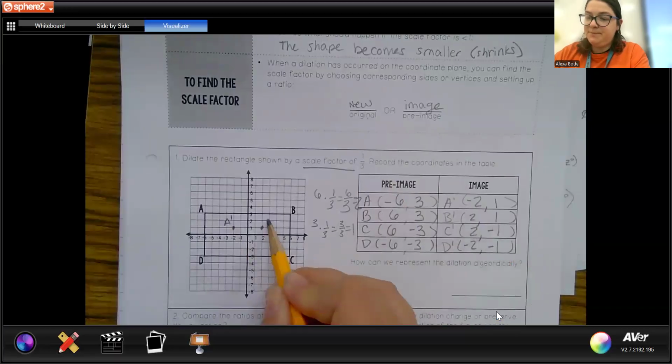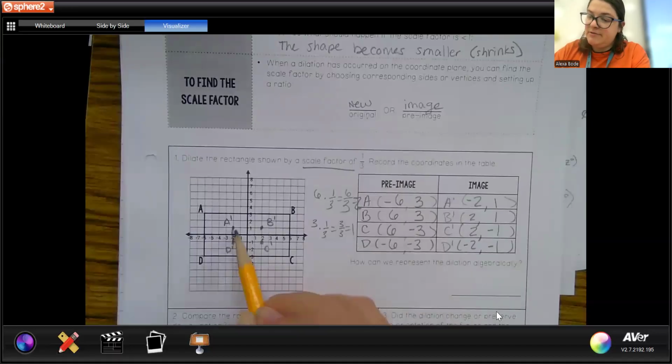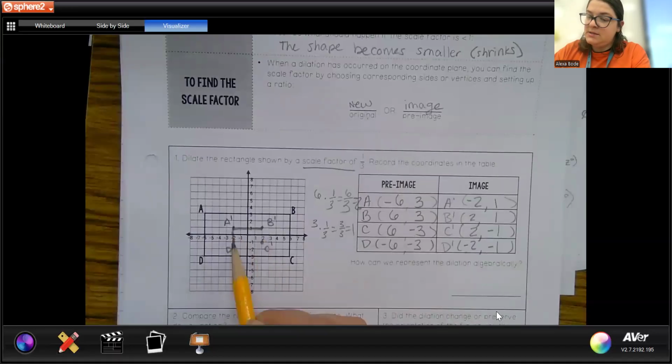That's my B prime. C prime is (2, -1), so I'm going to go over to 2, down to 1. That's my C prime. And D prime, (-2, -1). I want to go over to -2, down to -1. That is my D prime. And I can now connect these and notice that my rectangle got smaller.